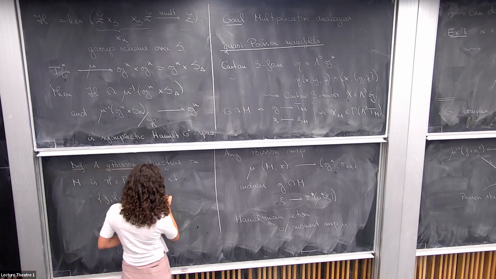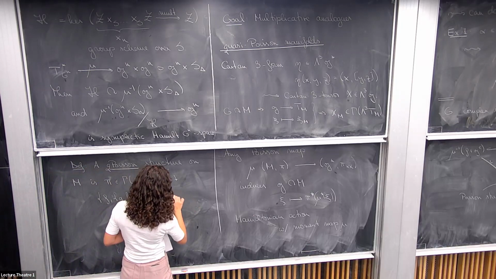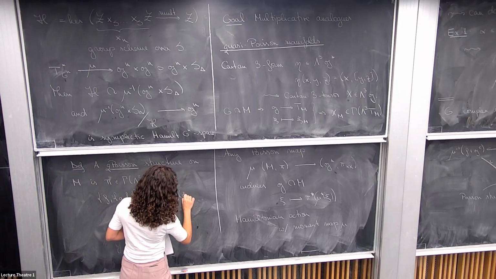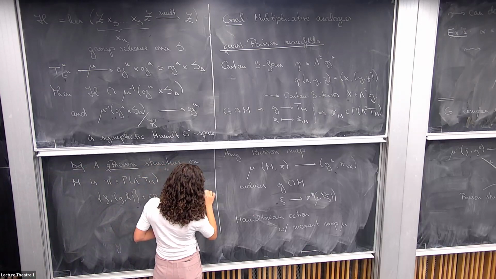So instead of this Jacobiator being equal to 0, it's going to be equal to chi_M applied to the differentials of f, g, and h.